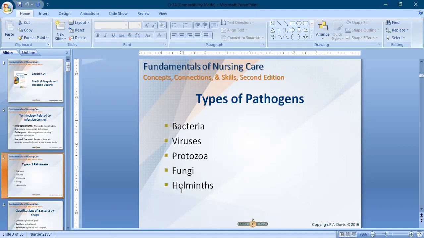Because our chapter is infection control, it means how we have to eradicate them, right? How we have to protect or prevent the spread of microorganisms, the spread of bacteria, virus, protozoa. How we have to do it should be included in this chapter.